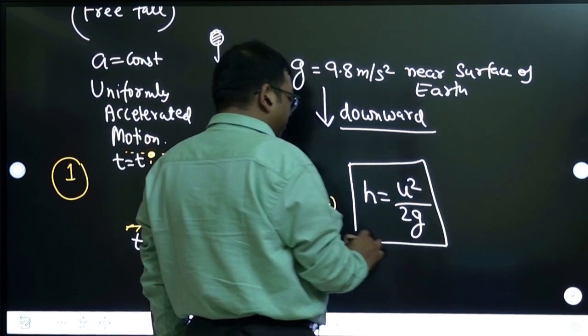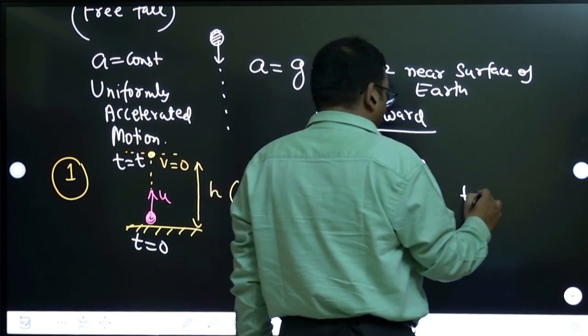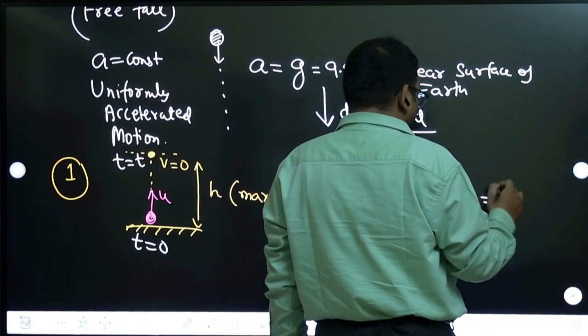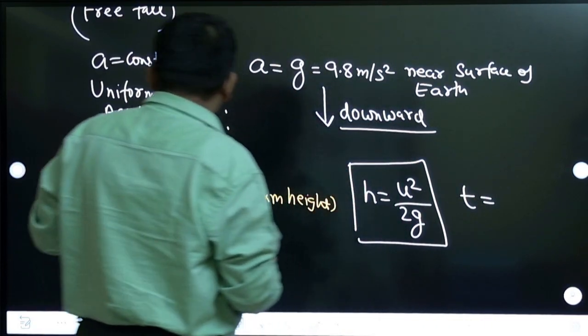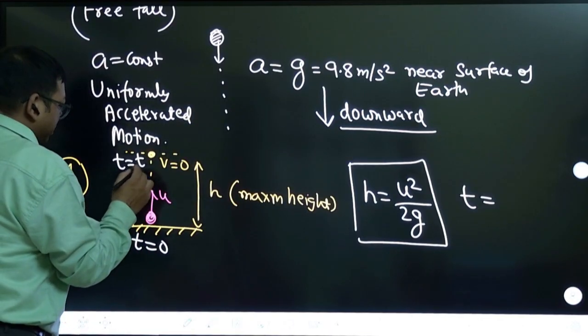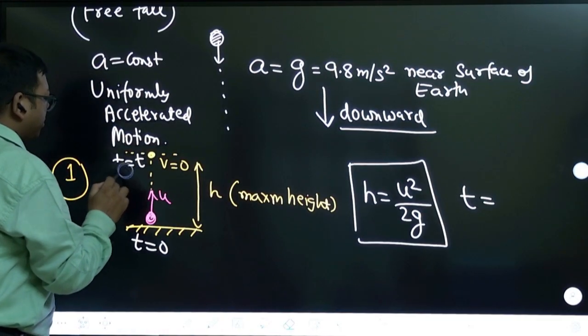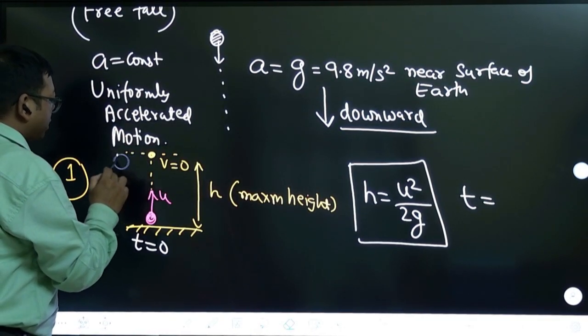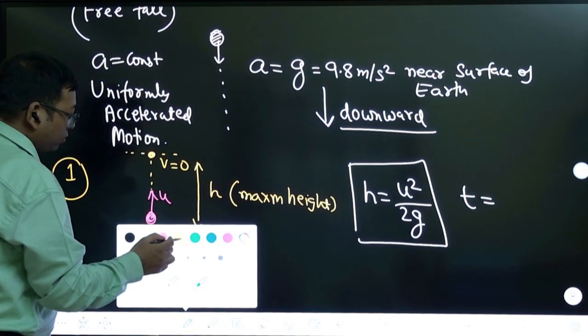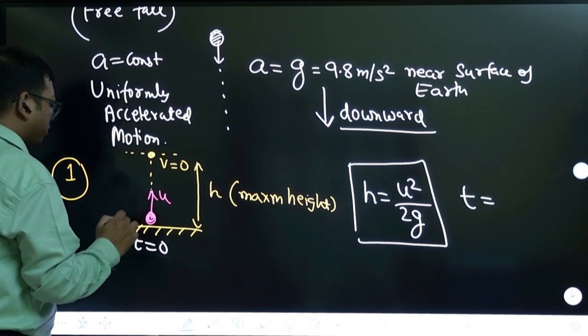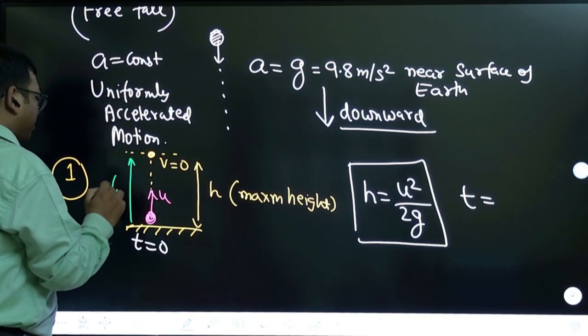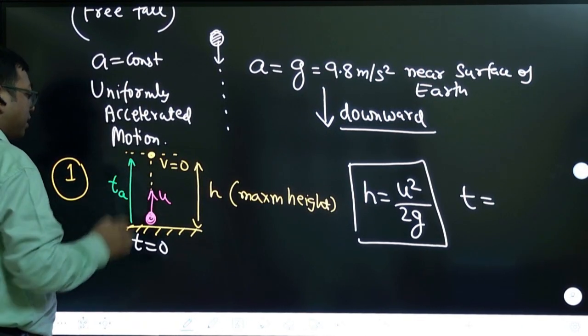Now the time formula. This is the time of ascent. Time of ascent means how much time it takes to go up, and then it will come down. So from here to here it will go, this will take the time of ascent, and then again it will come down.